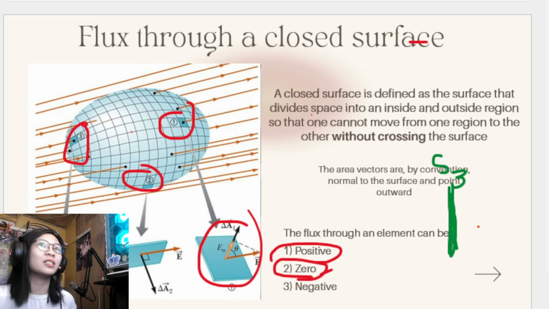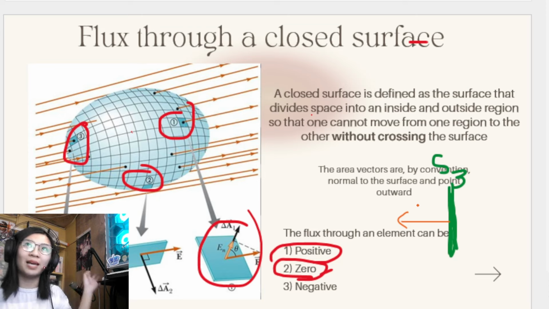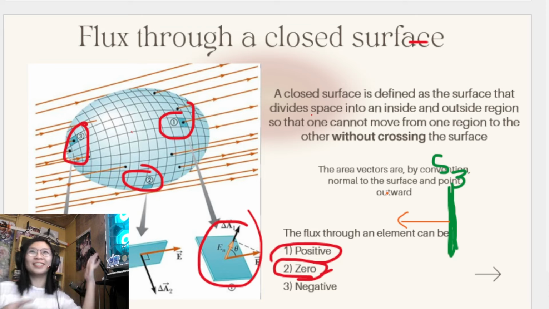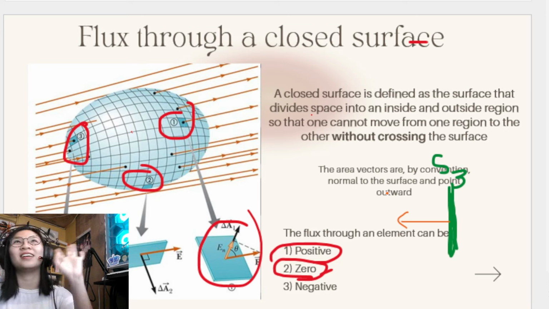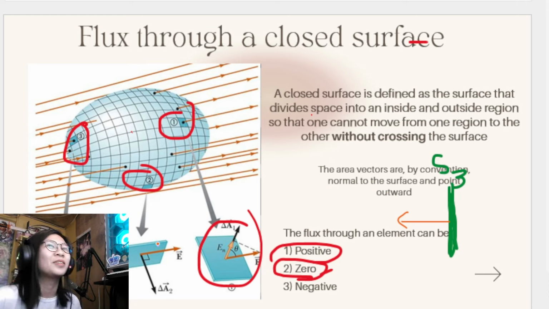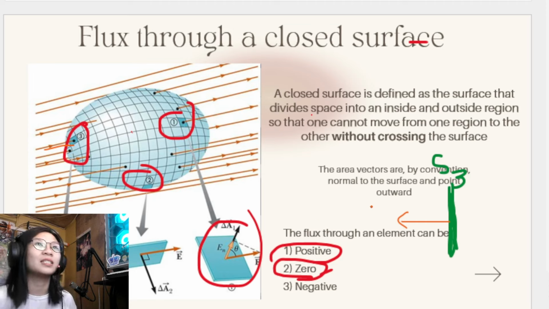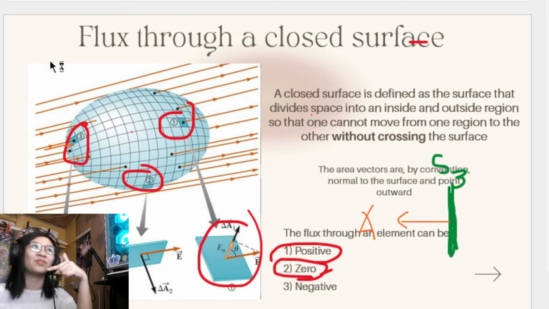The A is going outward. As you can see, it is facing here, to the left. Its A goes outward, but its E is actually going inside the surface.